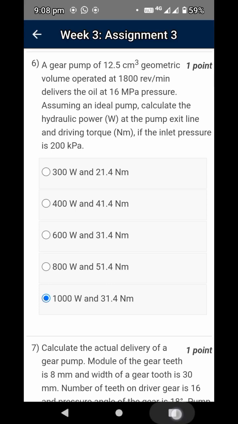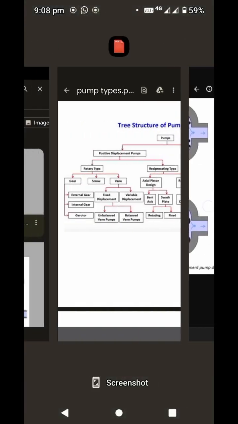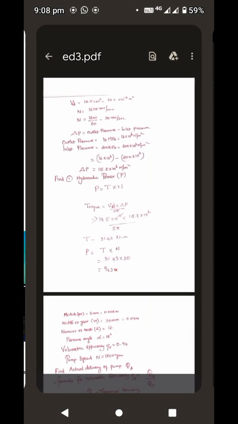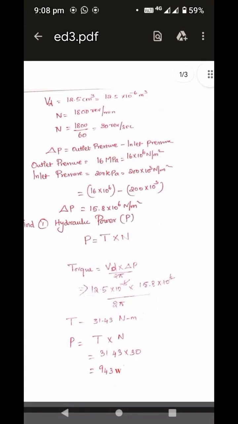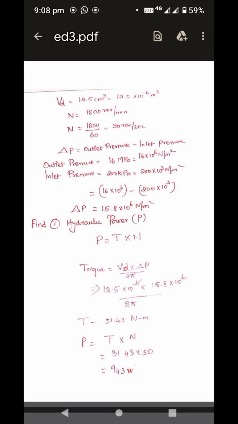Okay, now I will show the calculations. Check out the calculation. So volume is given as 12.5. We convert the value into meter cube. So 1 centimeter is equal to 10 power minus 2 meter.